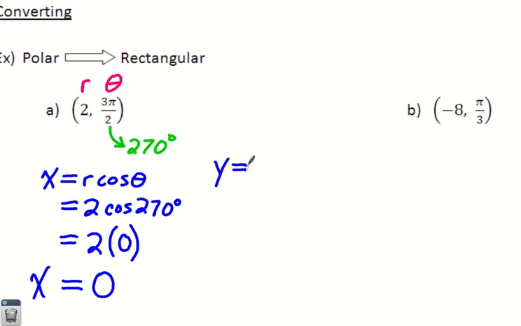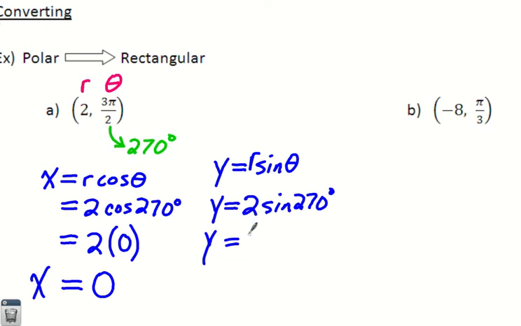And you could also figure out y equals the sine of theta. And so y would equal, oops, sorry, I knew something felt weird there, r sine of theta. So y is equal to r sine of theta, and so r is 2, and then theta is 270. And now we can just do this, right? So the sine of 270 is -1.